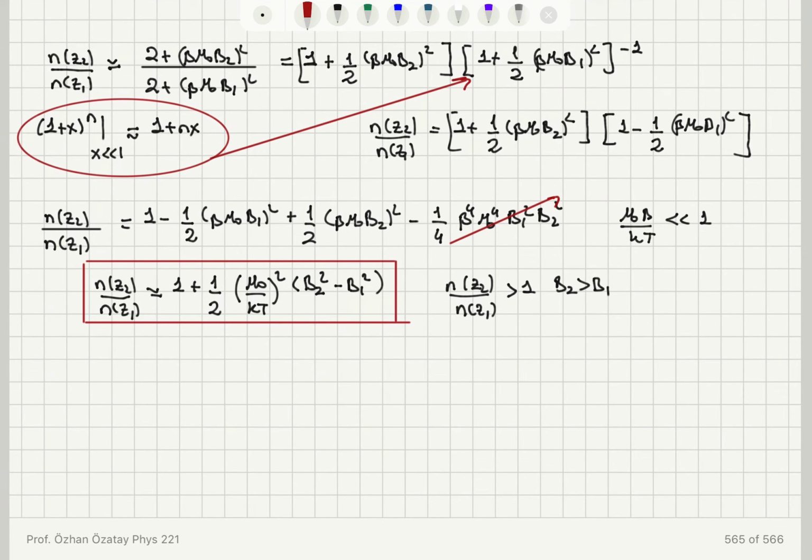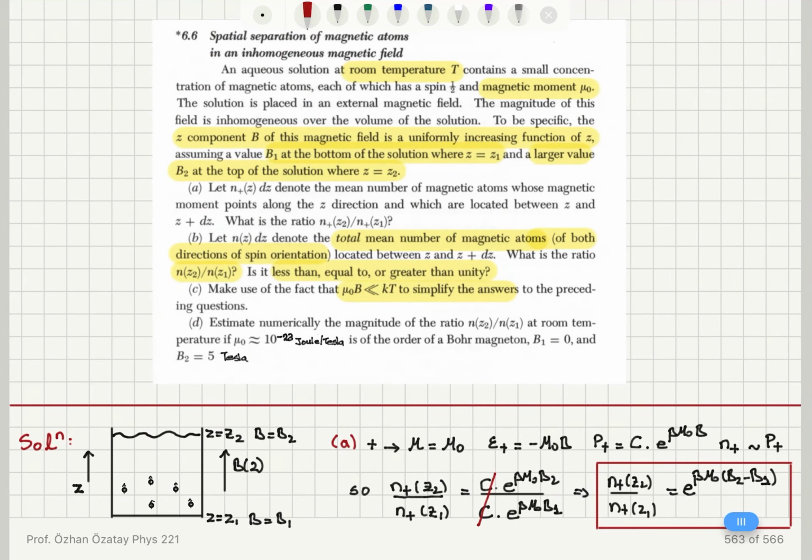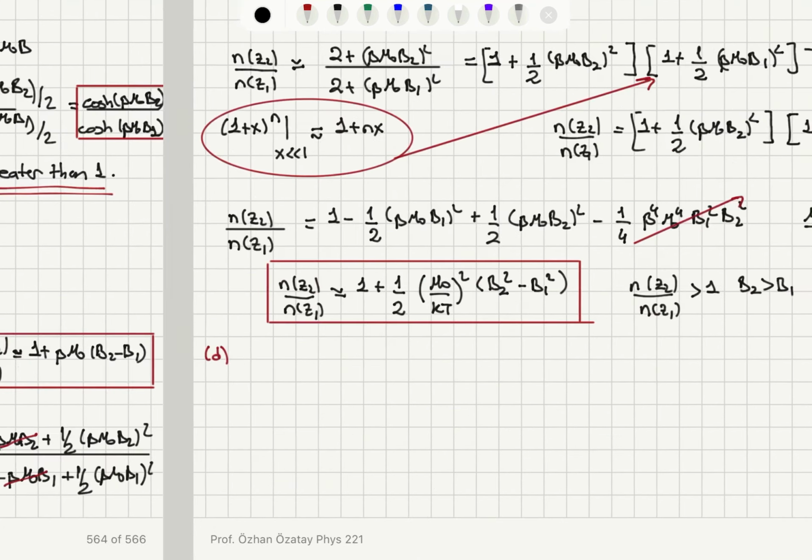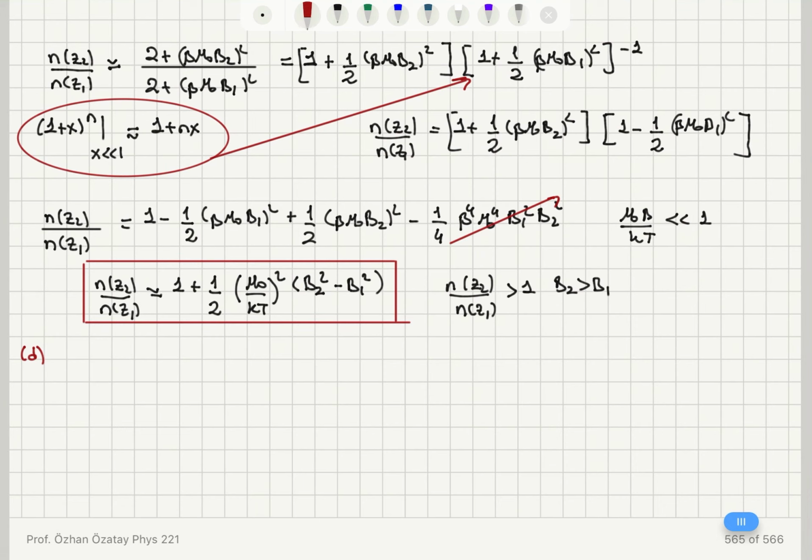Okay. So in part D of the problem, let's give some numerical values. Estimate the magnitude at room temperature. Mu 0 is 10 to the minus 23 joules per Tesla, B1 is 0, B2 is 5 Tesla. So first of all, I have B1 equals 0 here.